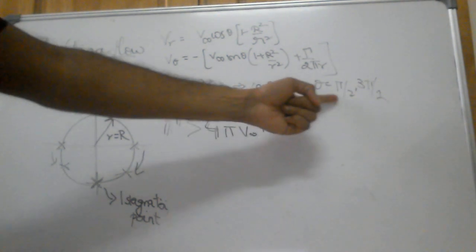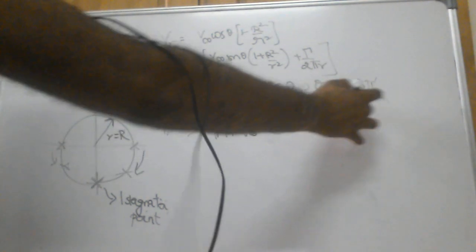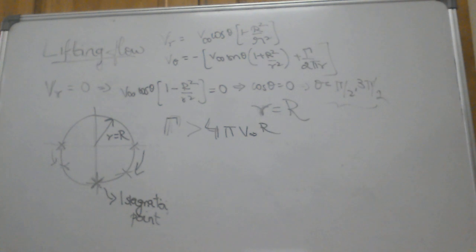That gave us theta equal to pi by 2 and 3 pi by 2. So these two values we shall substitute into the v theta expression and see along those theta lines of pi by 2 and 3 pi by 2, where it is that v theta goes to 0. So Vr is 0 at theta equals pi by 2 and 3 pi by 2.